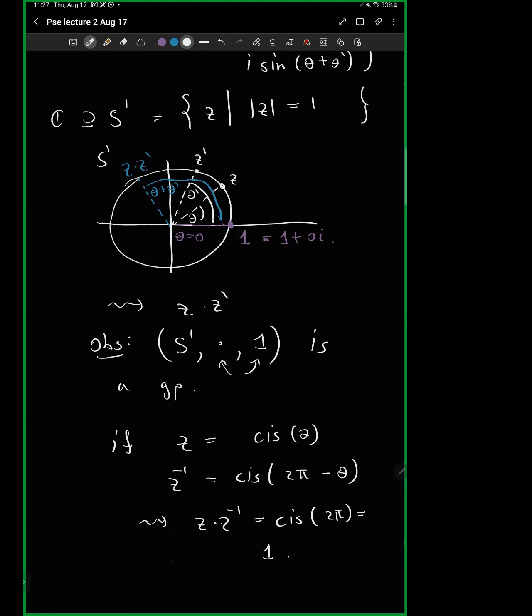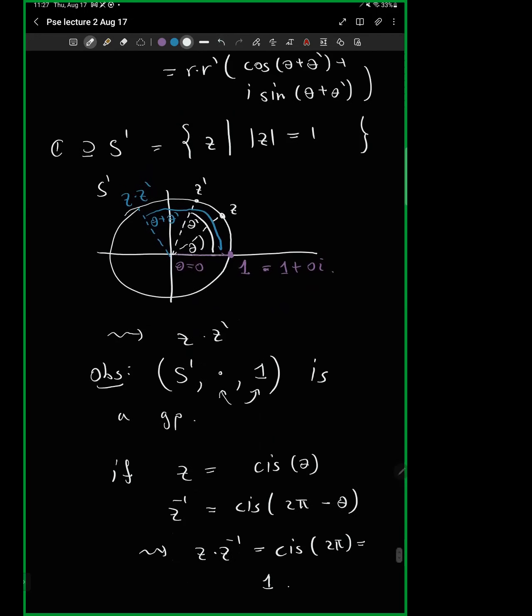Okay, so it's a funny case, because formally speaking the operation is multiplication of complex numbers, but in fact the only thing we do is we add the angles.